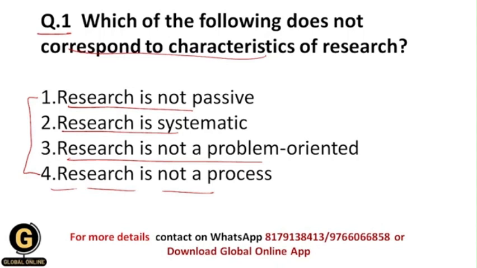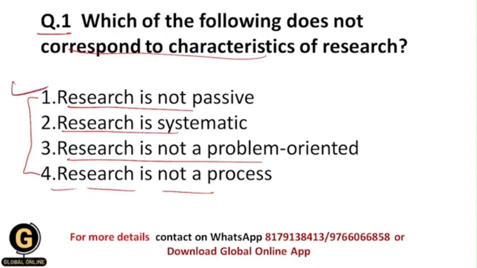Basically research is active, because whatever we are doing here is through our active mode, and here we want the empirical evidence. I mean to say, we base it upon observations, then subsequent measurements, and then we finally get the results of our research problem. That's why research is not passive, it is active, and this is one of the characteristics of research.